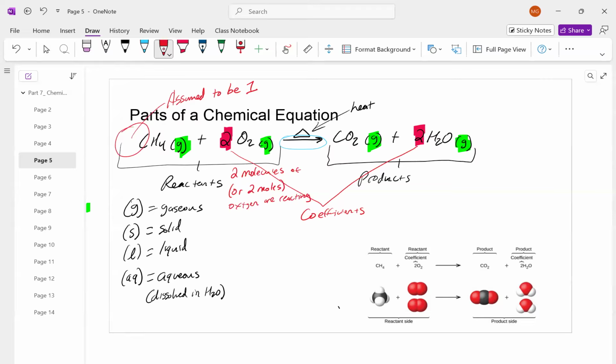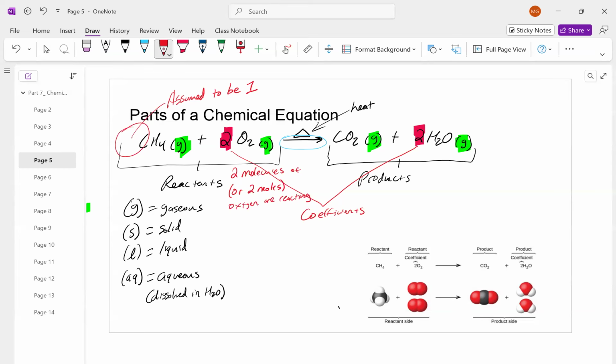And those coefficients are very important when it comes to chemical equations, because if you just look at the reactants, those coefficients basically tell you that for every molecule of CH4, I need 2 molecules of O2 to react.